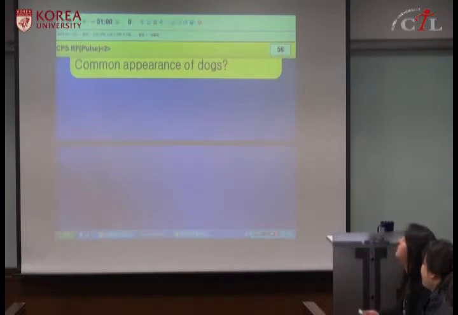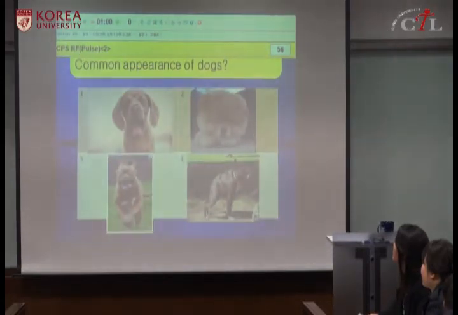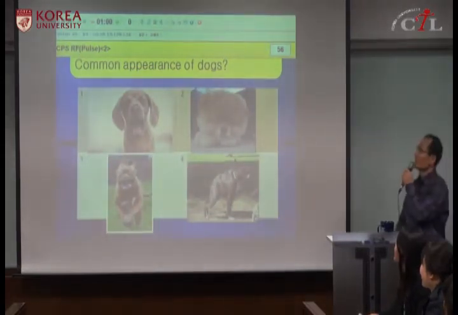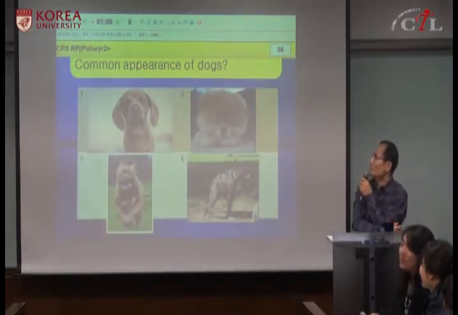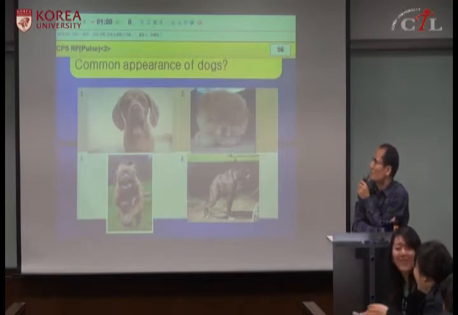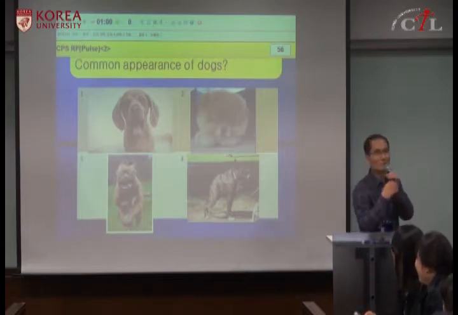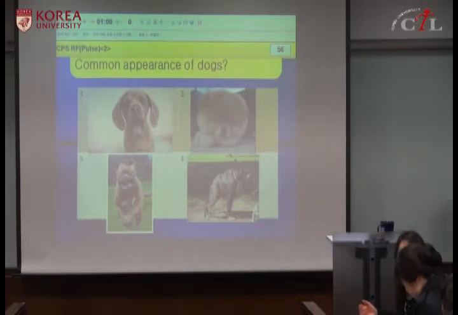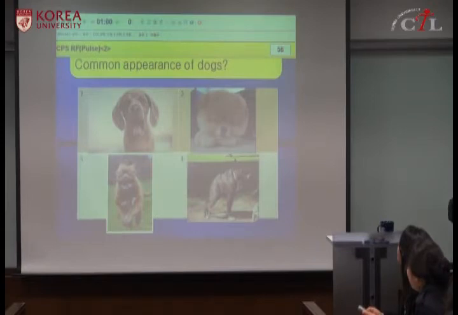I don't know why it's not working. Which one is the most common appearance from your perspective? 1, 2, 3, or 4? Which one? You just need to push 1, 2, 3, or 4, right?